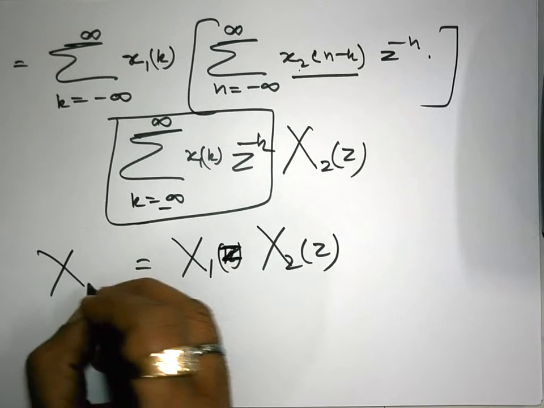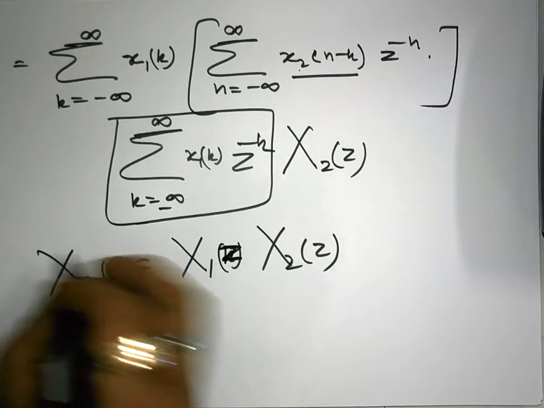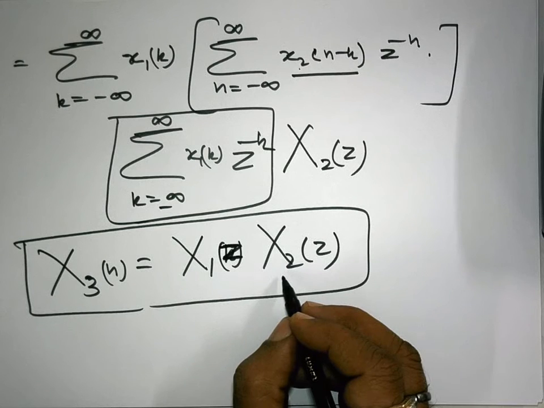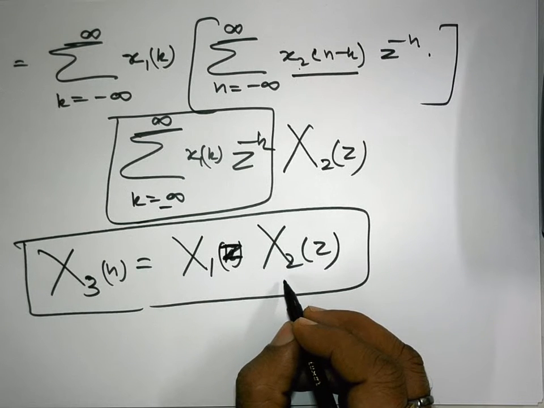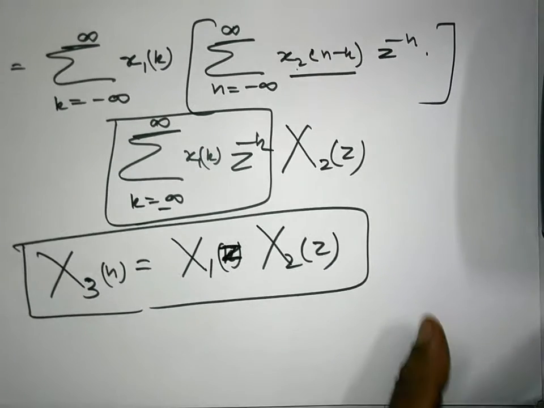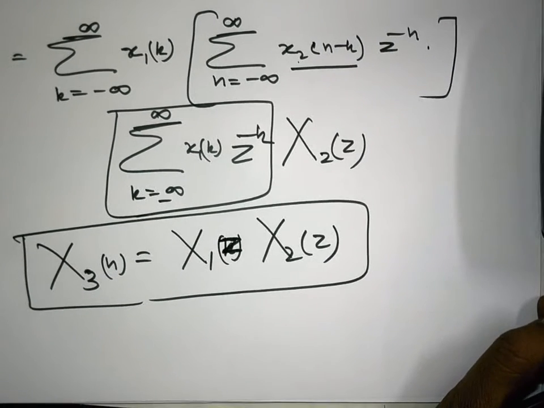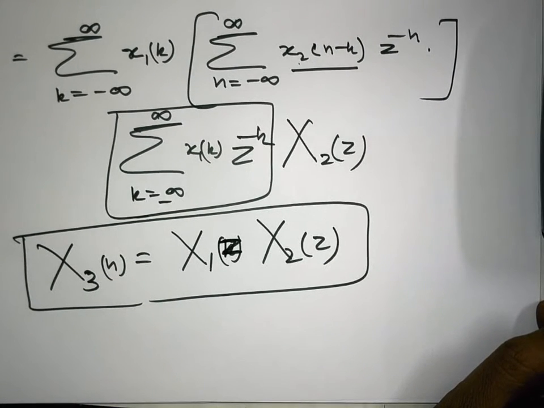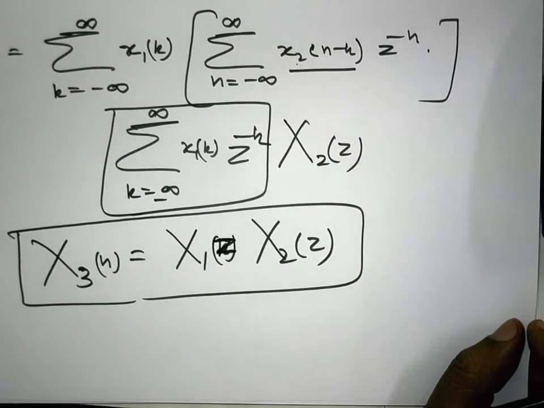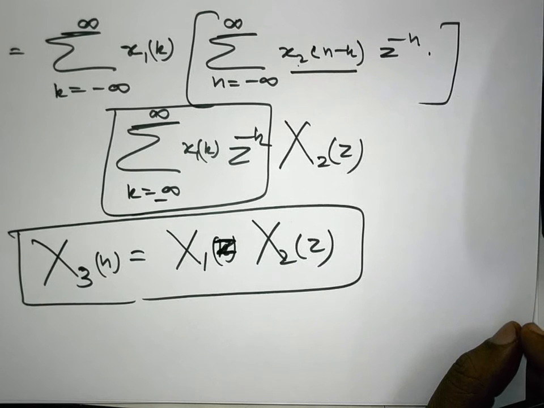So the Z transform of this signal x3[n] is X3(z), which is equal to the multiplication of these two individual Z transforms. And this is a very important relationship while solving problems in the Z domain, because convolution in the time domain becomes equivalent to multiplication in the Z domain.